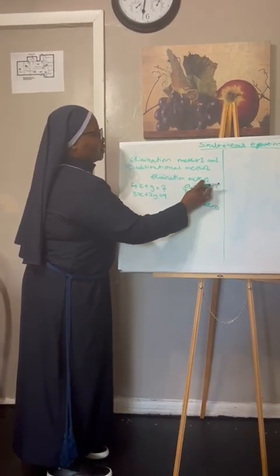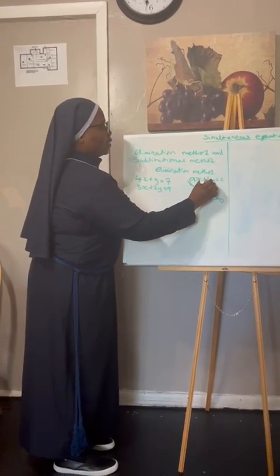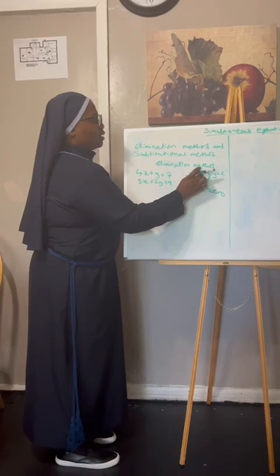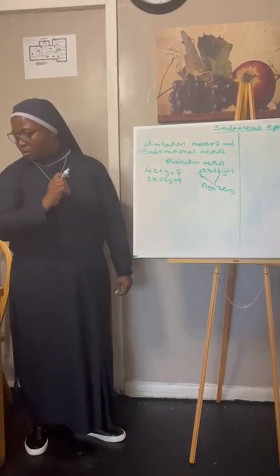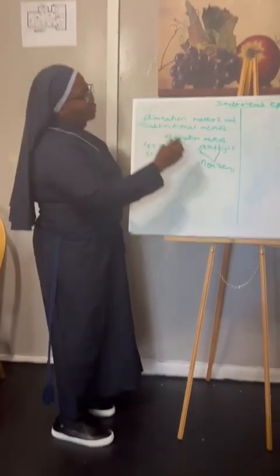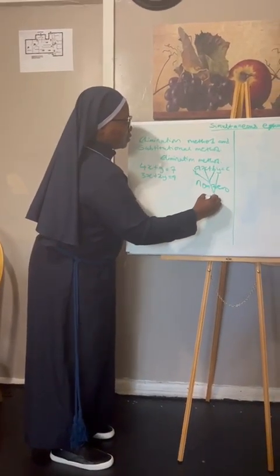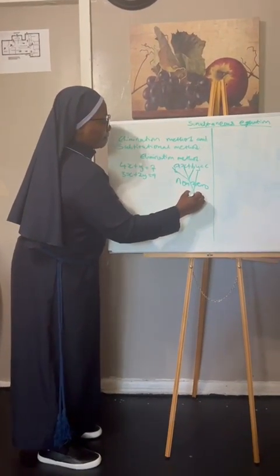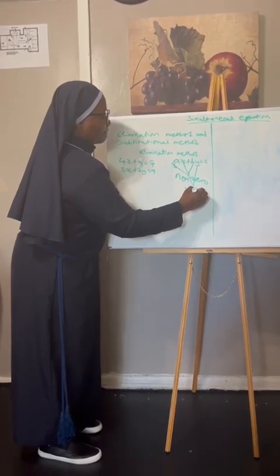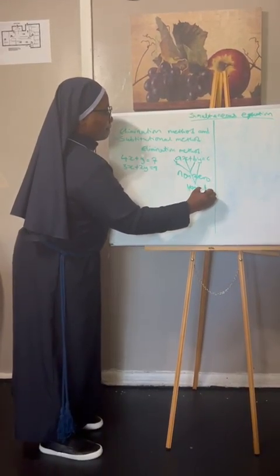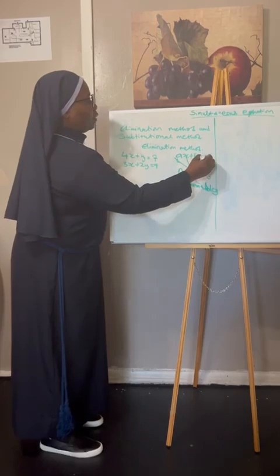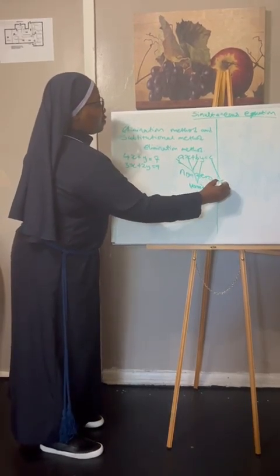Then this is y: ax plus by is equal to c. This x and y are called variables, and this c is called the constant.